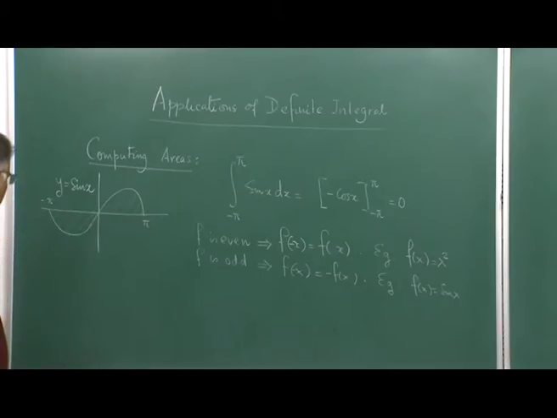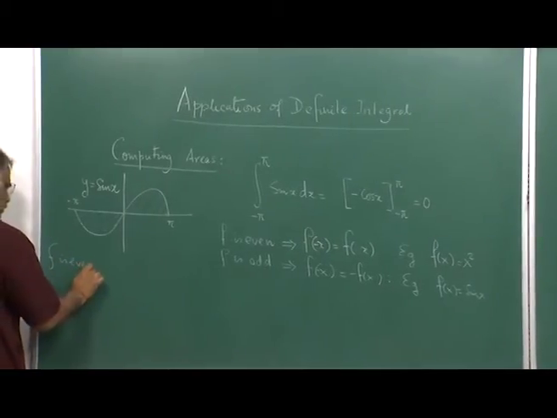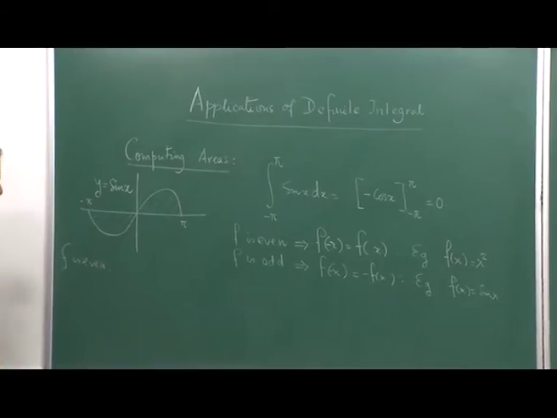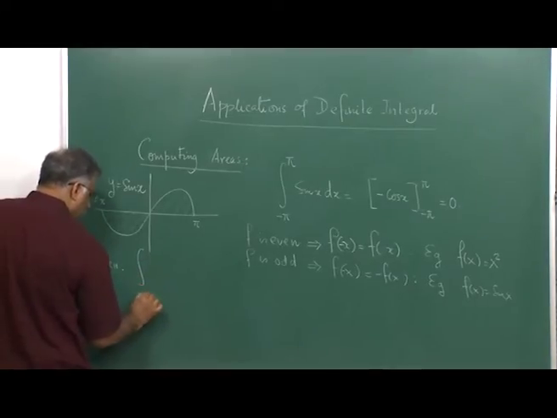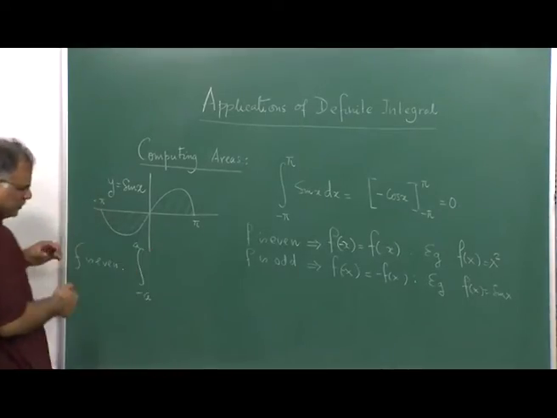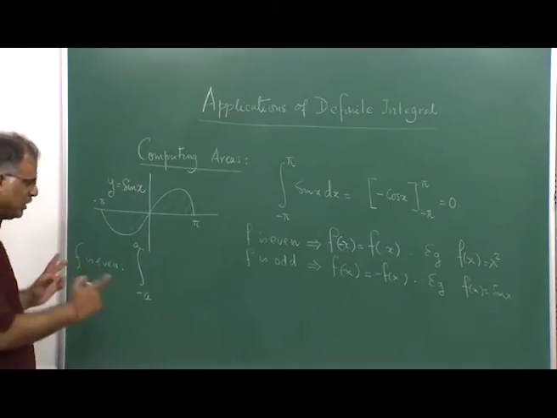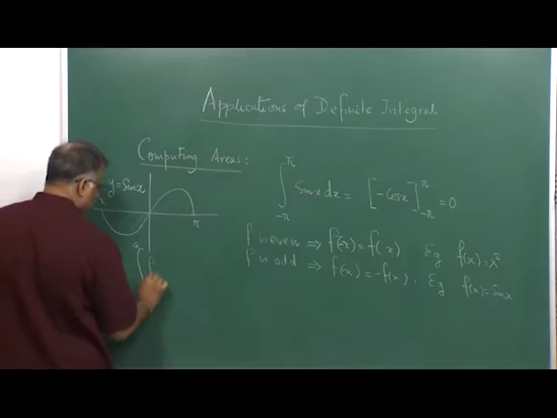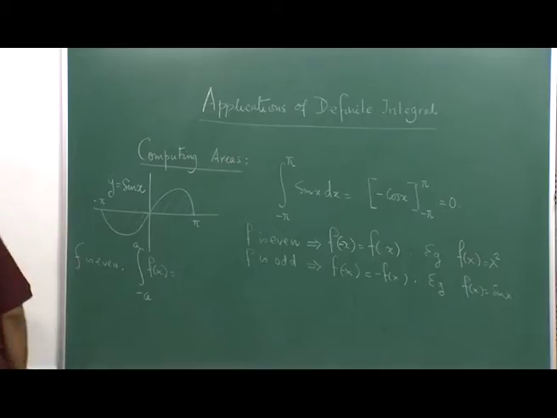For an even function, it is very important for you to know at the very outset that if my range of integration is symmetric, that is minus a to plus a, with 0 in between, then since f is even, this is nothing but twice the integral from 0 to a.